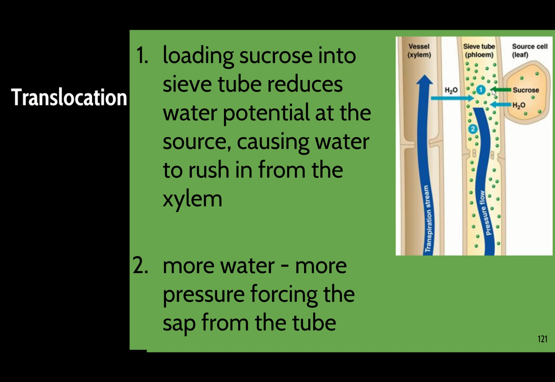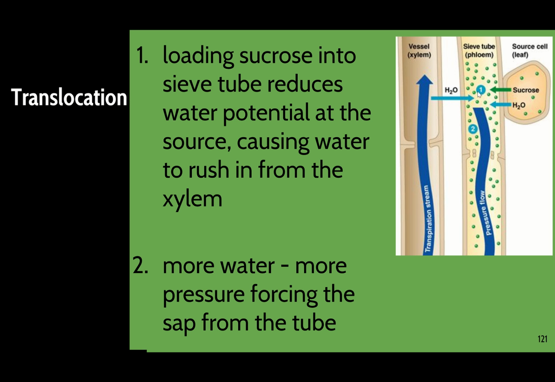As it's transported, it's going to very dramatically increase the amount of solutes in this sieve tube element. And as we've talked about, increasing the amount of solutes decreases the solute potential of the region. Decreasing the solute potential is also going to decrease the water potential.